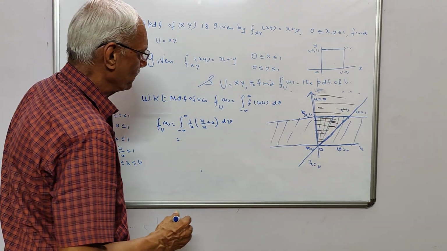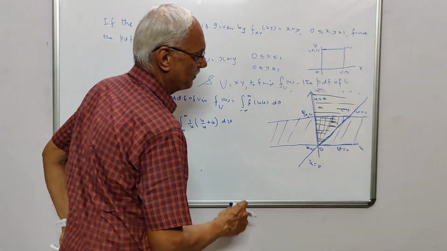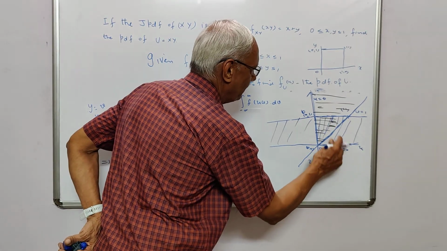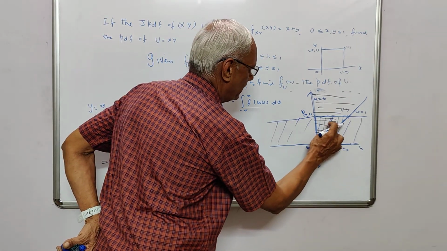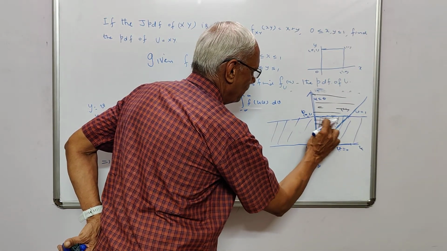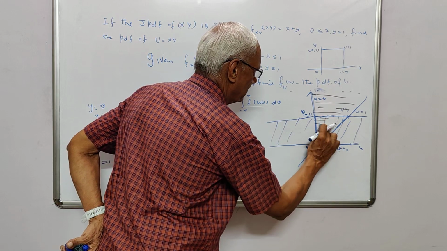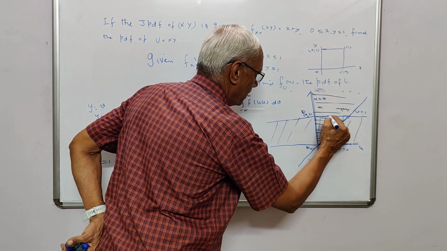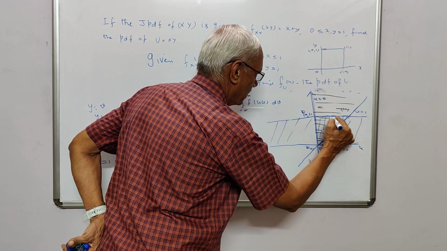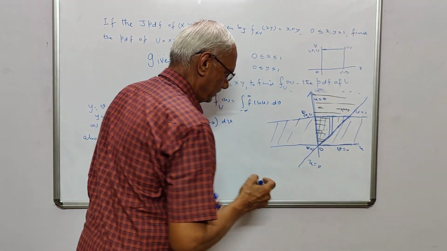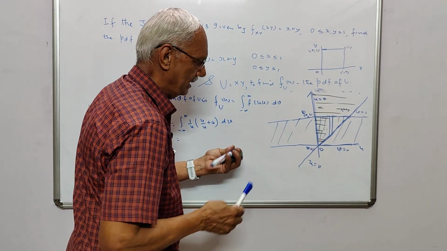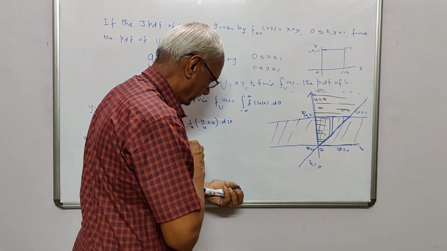Now you tell me, how does this v vary? v is varying vertically, you have to go here. See, for that I will just take this. I will shade this. See, you see that I take a strip like this.